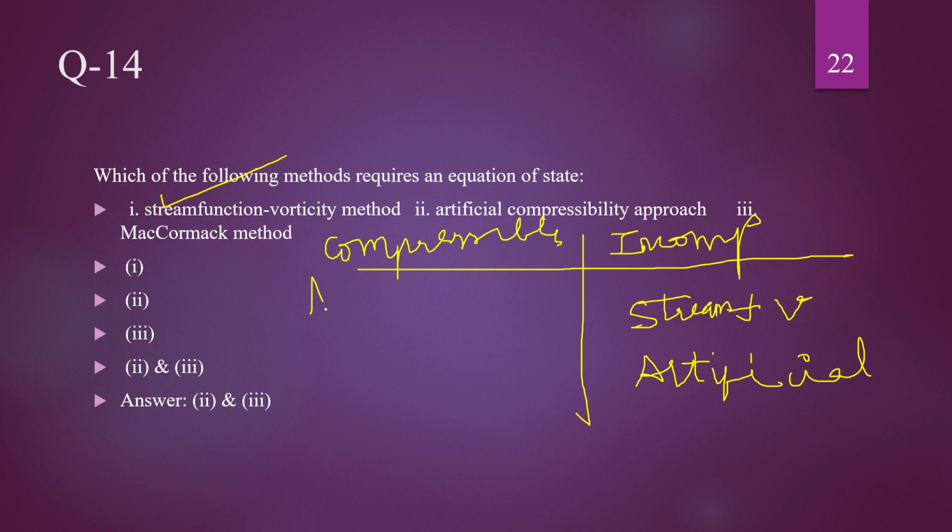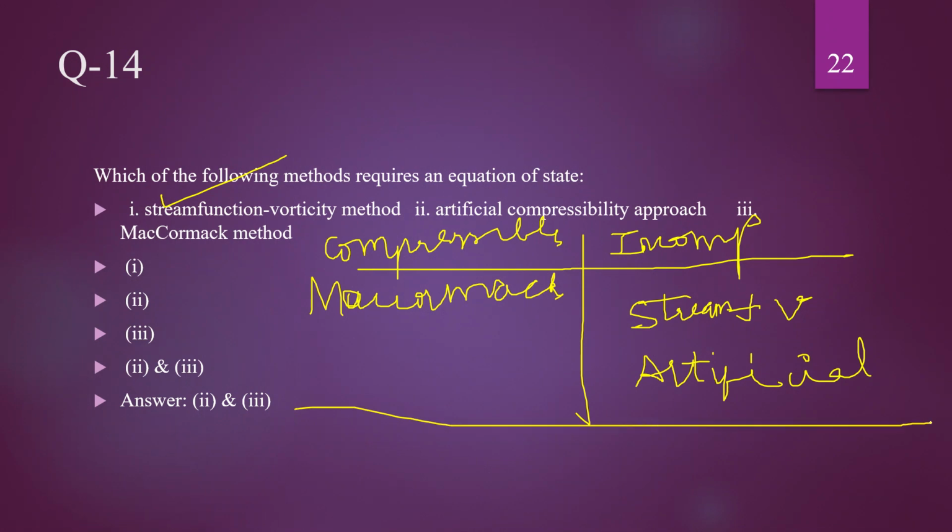And McCormack's method is used in solving compressible fluid flow. And these are the methods given here. Apart from these, the other method we know is the Beam-Warming method for compressible fluid flow.